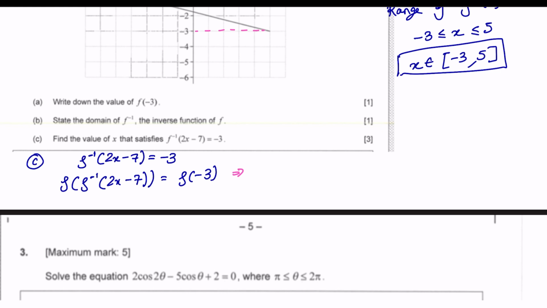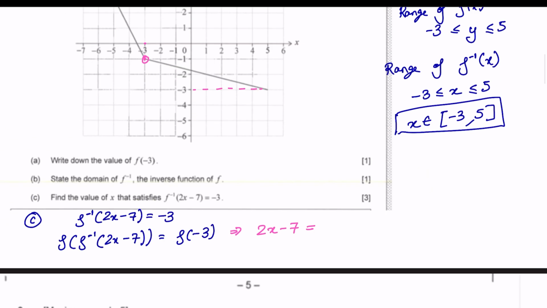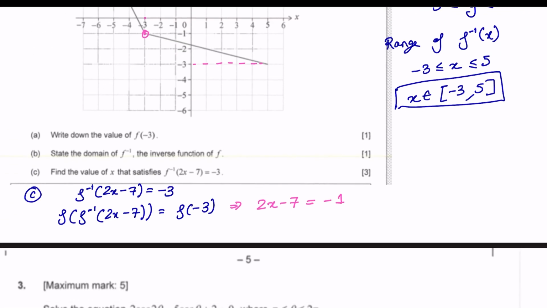So f of f inverse of 2x minus 7 gives me 2x minus 7 only, and f of -3 is -1, which we found in the first part. So 2x would be 7 minus 1, which makes it 2x equals 6. And finally, from here, we get x equals 3, which is the answer to part C.